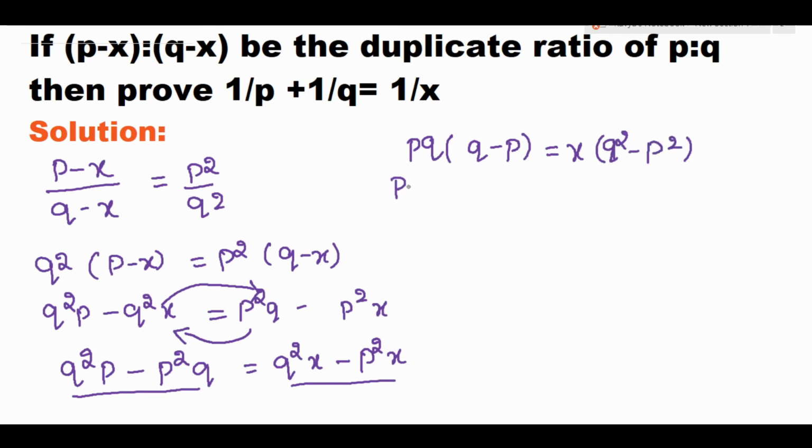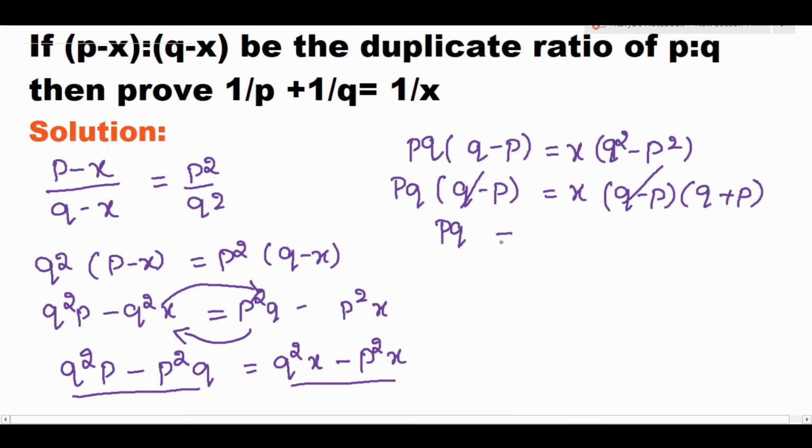So we can apply the formula there, A square minus B square. On applying, I'm going to expand this. I get Q minus P into Q plus P. You can see this gets cancelled with this. Now what remains? PQ is equal to X into Q plus P.